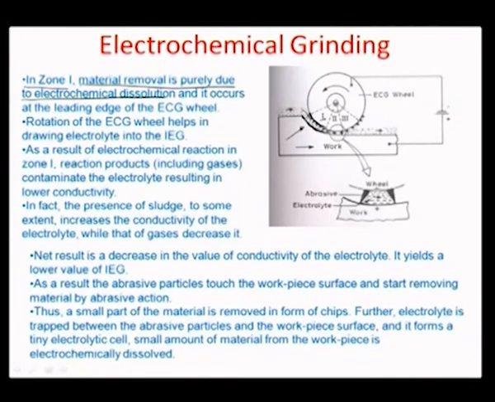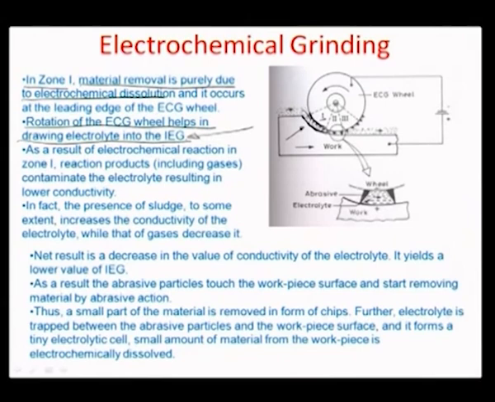The rotation of this ECG wheel of course helps in drawing the electrolyte into the IEG. So, it is a self priming process. Even if the electrolyte is in the near vicinity and you are moving the grinding wheel in a certain direction, it is obvious to assume that whatever small fragments are sticking out as abrasive particles on the wheel would paddle the electrolyte.